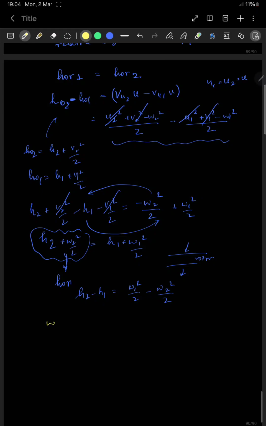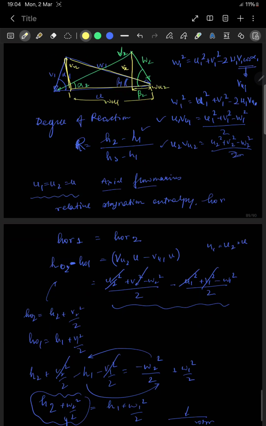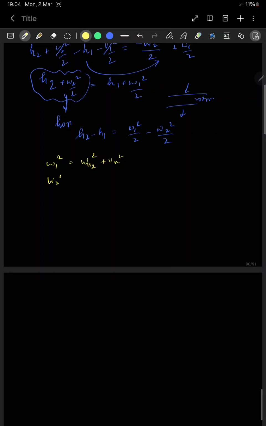So we have W1 square equals Wu1 square plus Vx square. This is W1, this is Wu1, this is Vx, right? Similarly, W2 square equals Wu2 square plus Vx square. So if we want to find W1 square by 2 minus W2 square by 2, this will be Wu1 square minus Wu2 square divided by 2. These two cancel out.